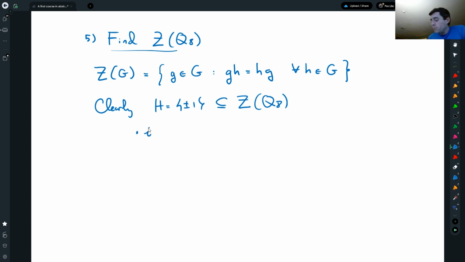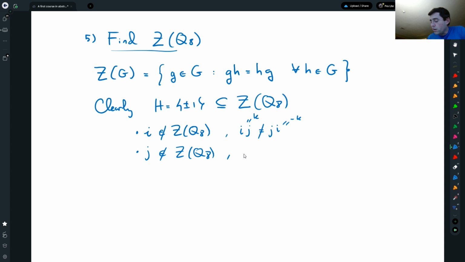But i is not in the center, because i does not commute with j, right? This is k, but this is minus k, so it doesn't commute. j cannot be in the center for the same reason.